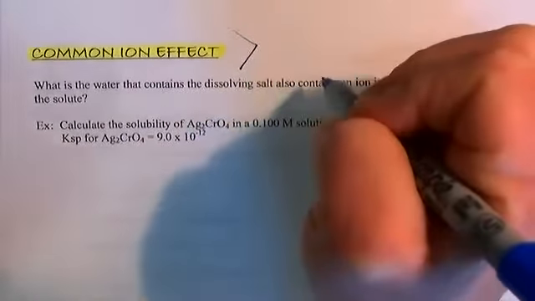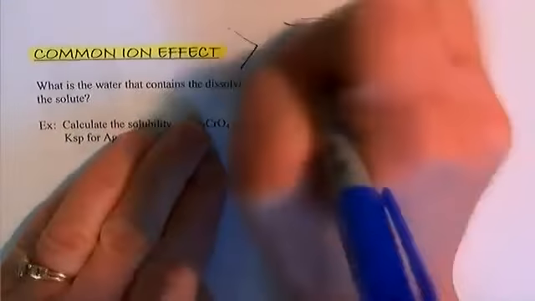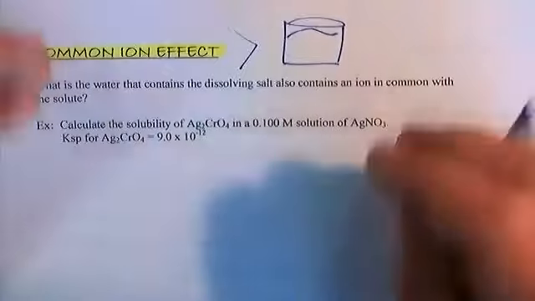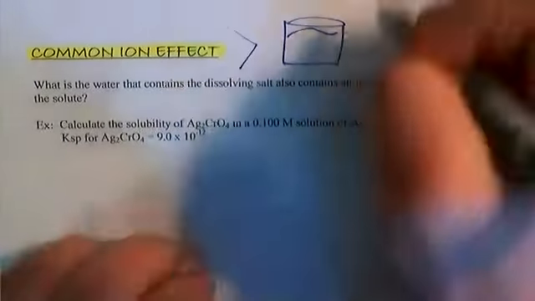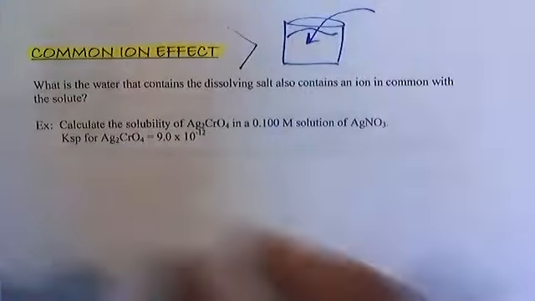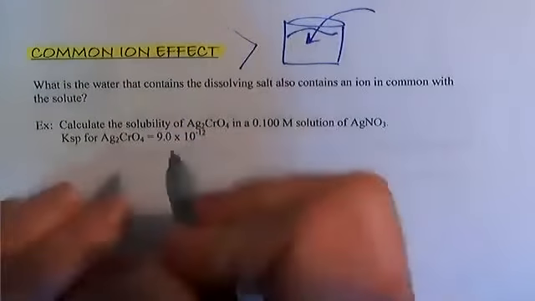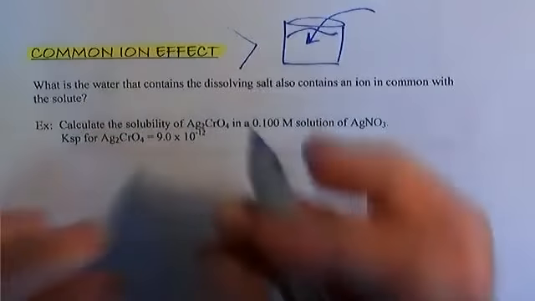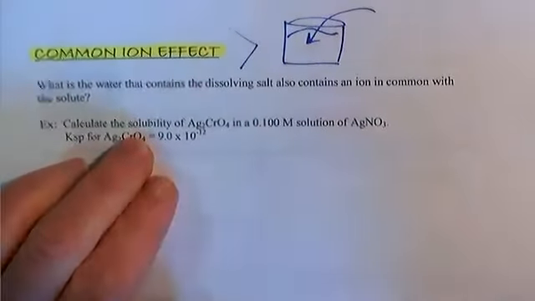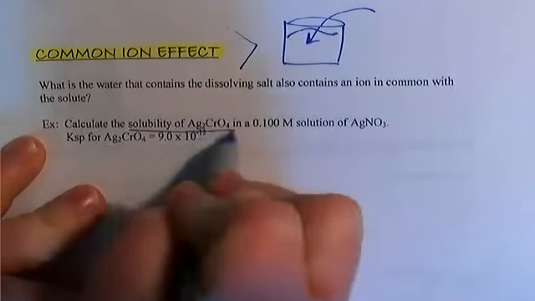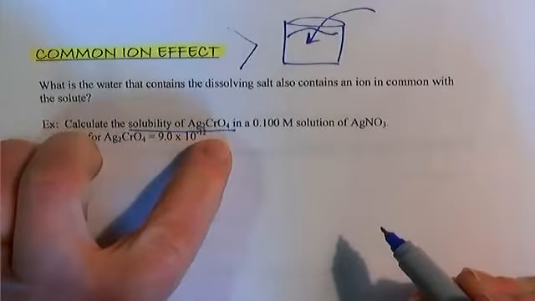Well, the scenario is that we are beginning with multiple substances in our beaker, and we have added substances that will play a role in the equilibria of either the weak acid, the weak base, or in this case, the insoluble solid. Okay, we're being asked to find, in this example, the solubility of silver chromate.